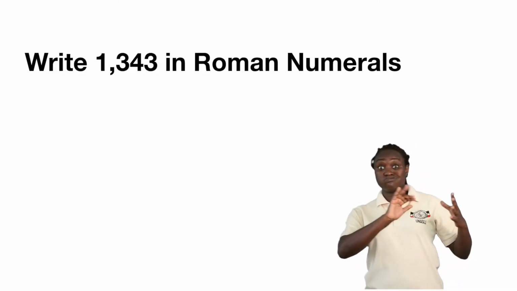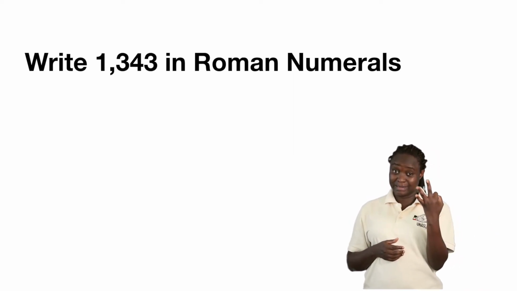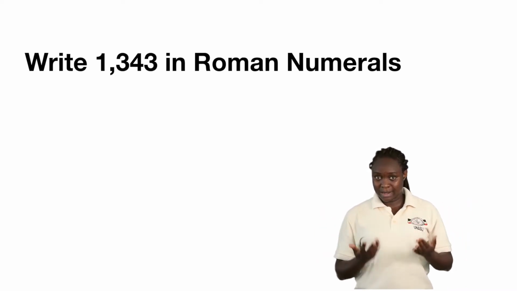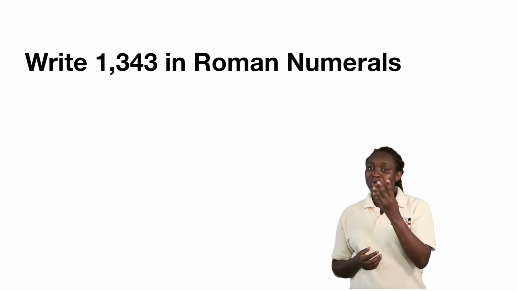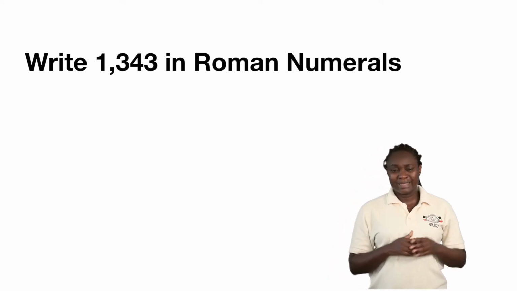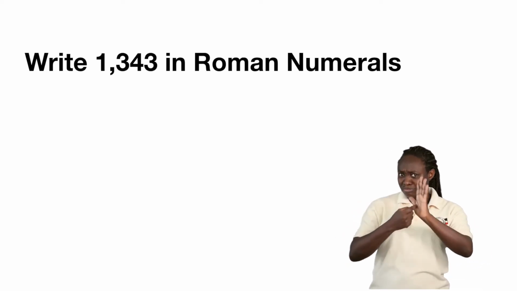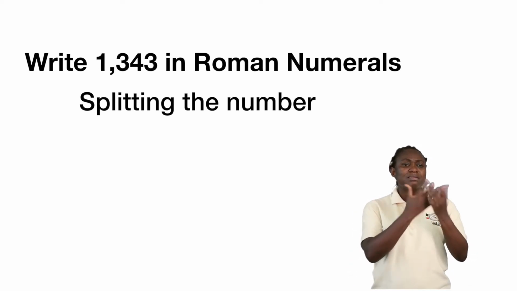Let's try a bigger number. And that number is 1,343. The same technique we've used for our previous example will be the same technique we use for this number. That is splitting the number.